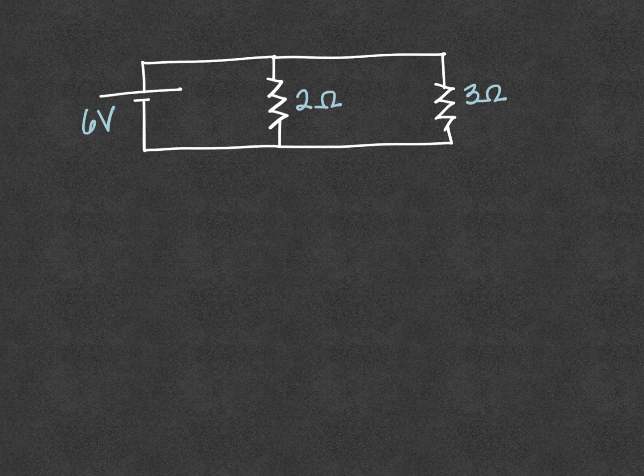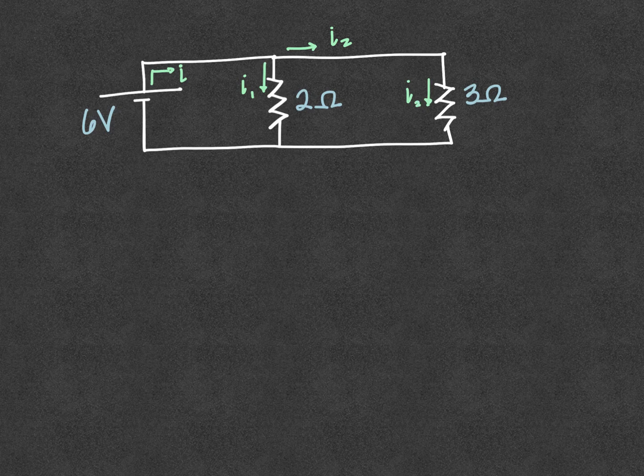So let's look at what we have here. The current that leaves this battery, let's say it's I, splits into an I1 through the 2 ohm resistor, and then I2 comes out here, and I2 goes through the 3 ohm resistor.